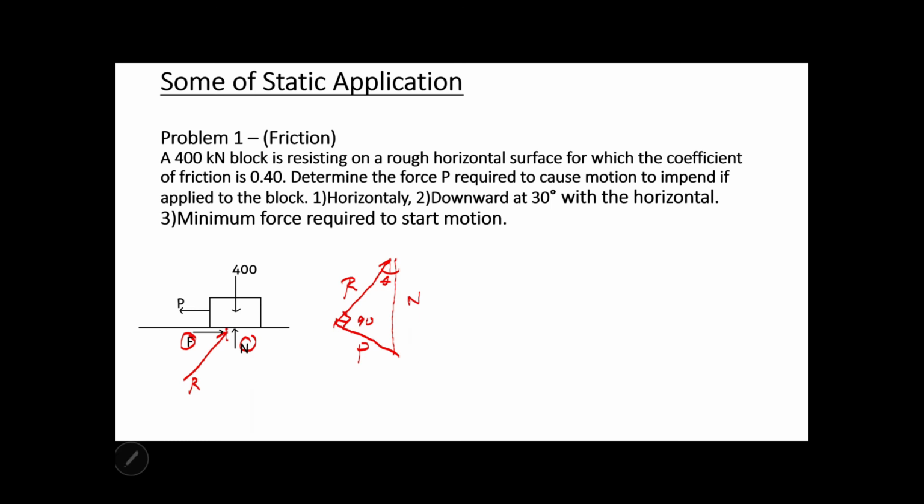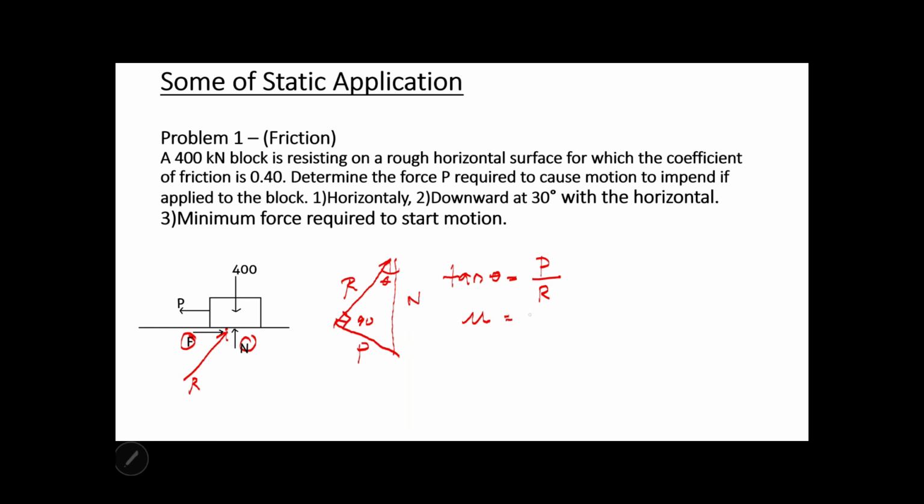So, first, let's solve the angle. If we know the angle, we can say the tangent of that angle, theta, is equals to P over R. But we know that tangent of theta is also equals to mu.